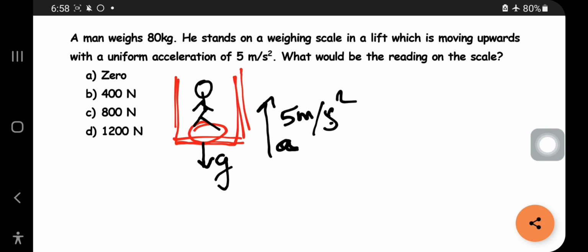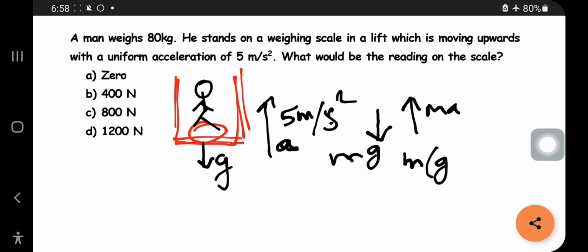What students generally do with this type of question is, they think that g is acting downwards, so mg is acting downwards, ma is acting upwards, so m into (g minus a) will be the answer, but this is wrong.